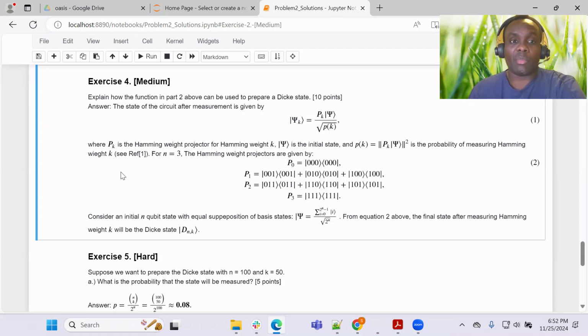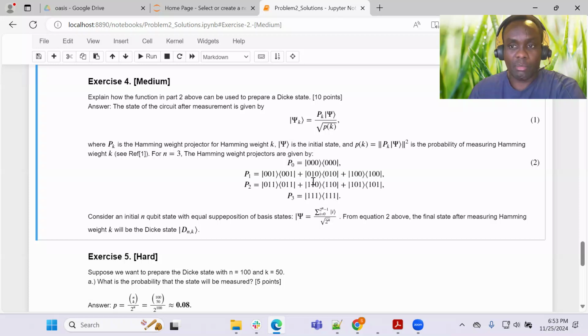I give as an example, for n equal to 3, what these Hamming weight projectors for Hamming weight k are. You can see P0 is given by that, P1, P2, and P3. Basically, each term here has the basis states corresponding to Hamming weight k, these two terms here.